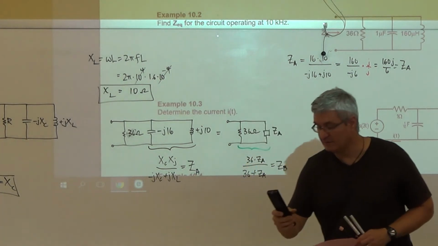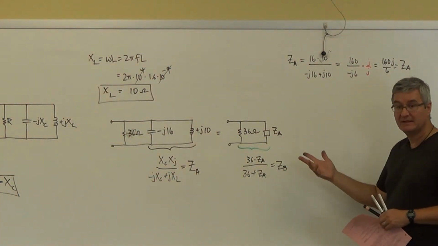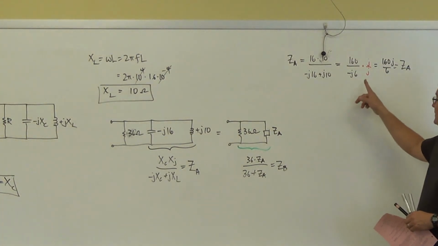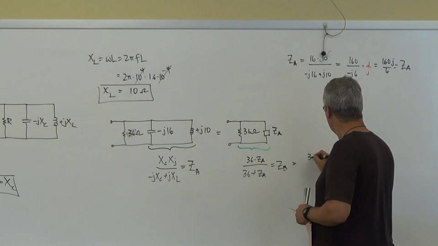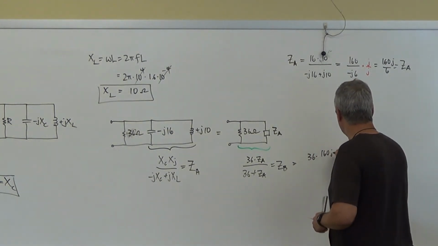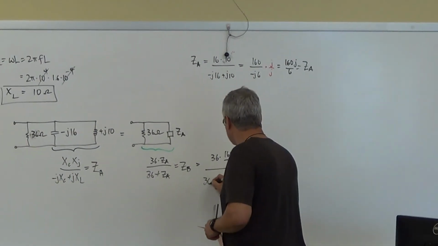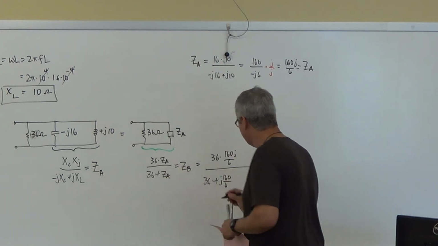So all I got to do is make that calculation. I'm going to put this into this form here. So this has to be 36 times 160j divided by 6 over 36 plus 160 over 6 times j.